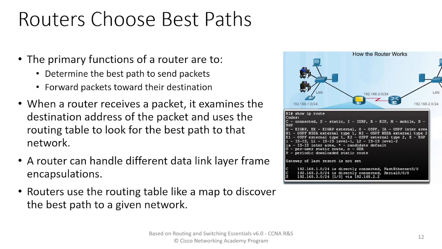So it will examine the packet that it receives, and it will look at what is the destination the packet needs to go to. Then it will look at the routing table information, and based on that it will determine what is the best path and what is the next point where it should send the packet to. So it will essentially function as a map for the overall network in terms of deciding this aspect. We will actually discuss this aspect of routing in much more detail in upcoming lessons.